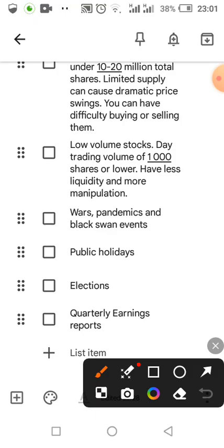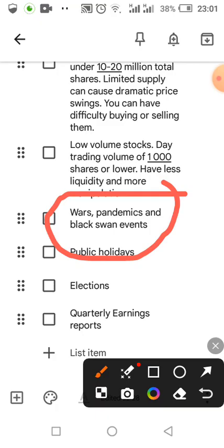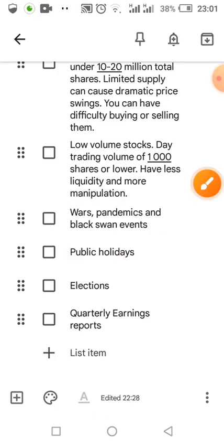Then in fundamental analysis, you should also know that certain world events like wars, pandemics, and black swan events also affect trading. Wars like even the Russia-Ukraine war were also increasing a little bit of risk in trading and reducing performance a little bit compared to other years.